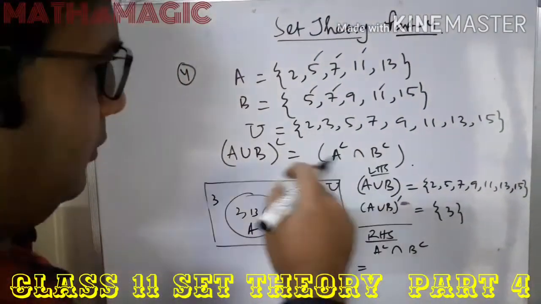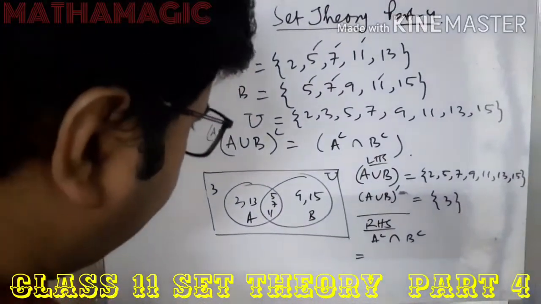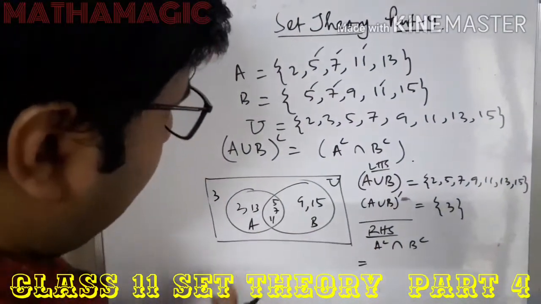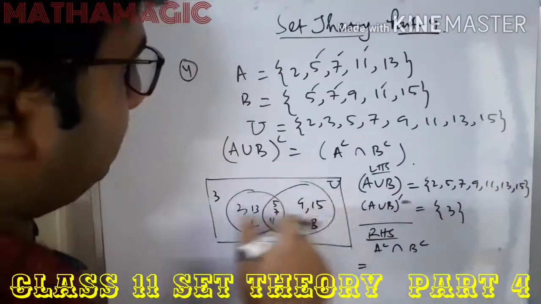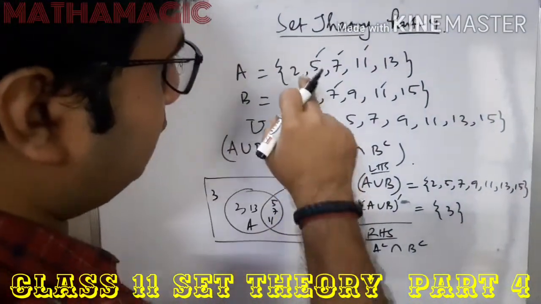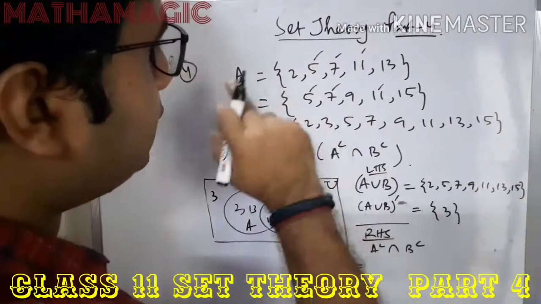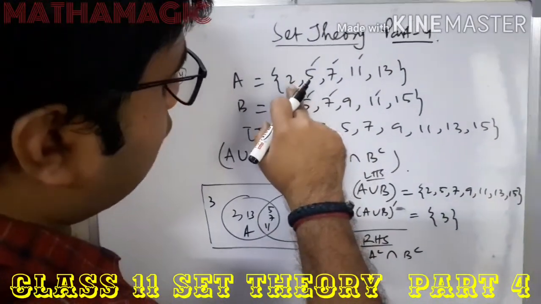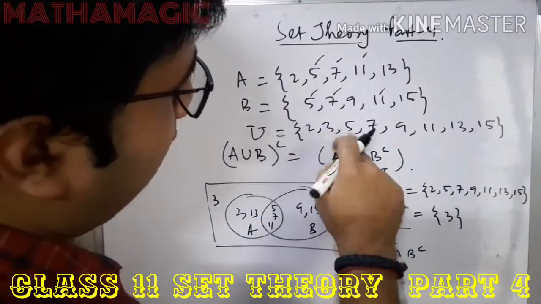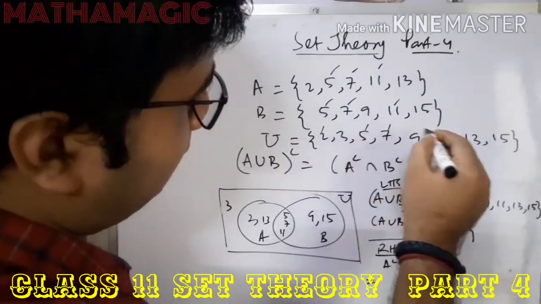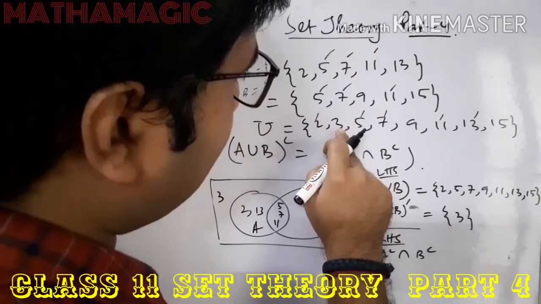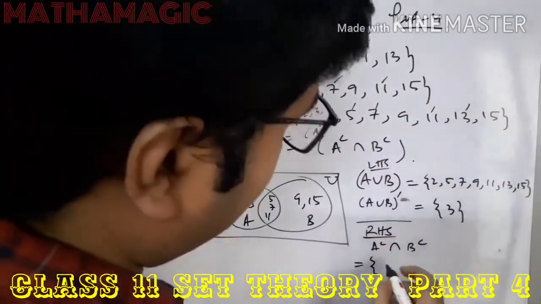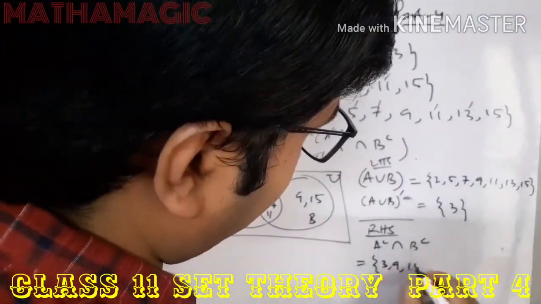So we need to get rid of those included in A: 2, 5, 7, 11, 13. Then what is left out? 3, 9 and 15.